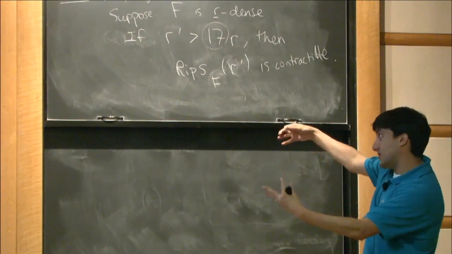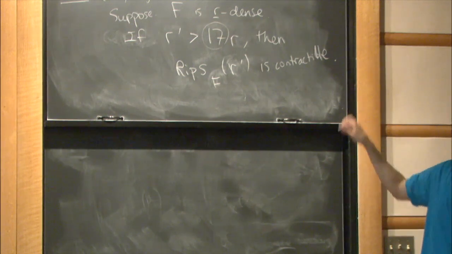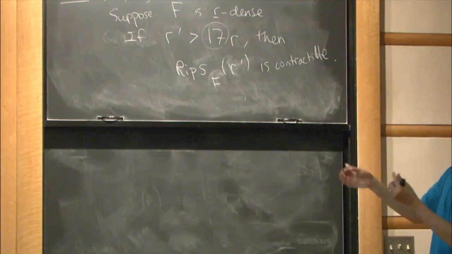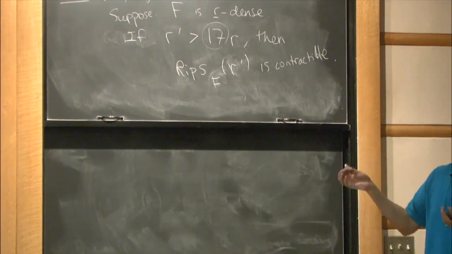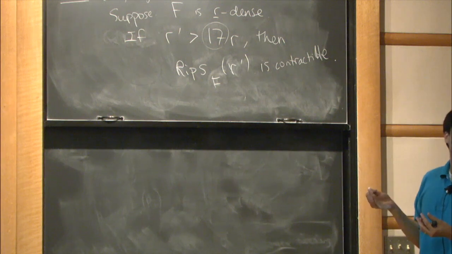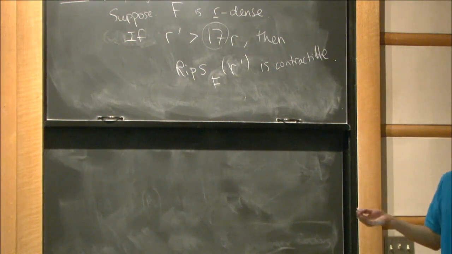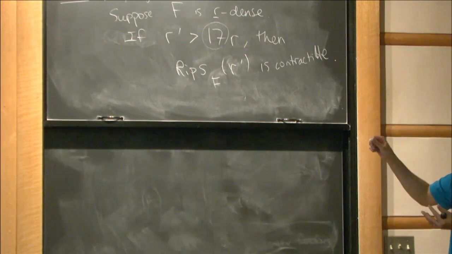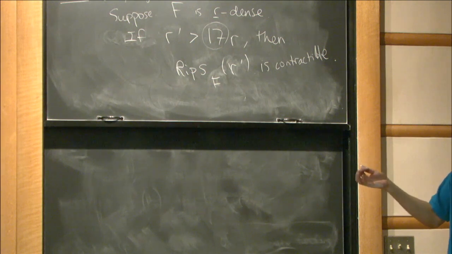But what does that do to the total number of points? If you think of the number of points in a ball, if you have a grid in a ball, and then you increase the density of that grid by a factor of 17, you're going to increase the number of points in a ball by a factor of 17 to the power of the dimension. Now the dimension is fixed.